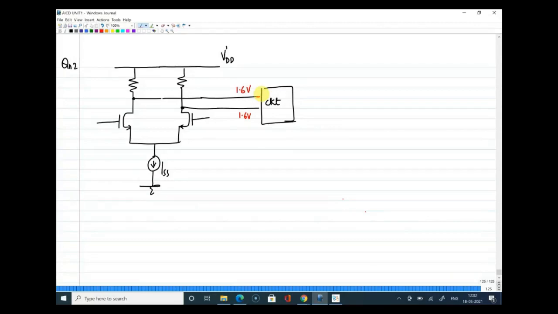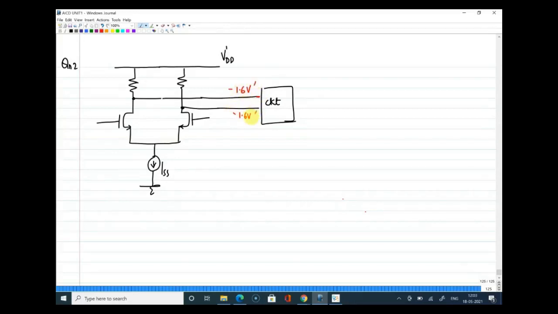Now this is the present stage, the differential pair stage, and the stage following requires an input common mode level. The stage following is shown as a black box here, and the output of this stage is going to the input of this next stage, and this stage needs an input common mode level of 1.6 volt.